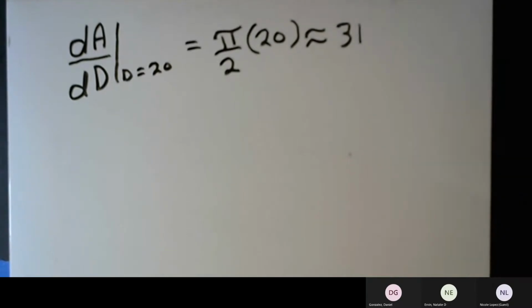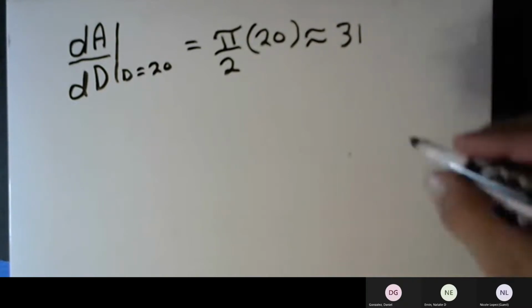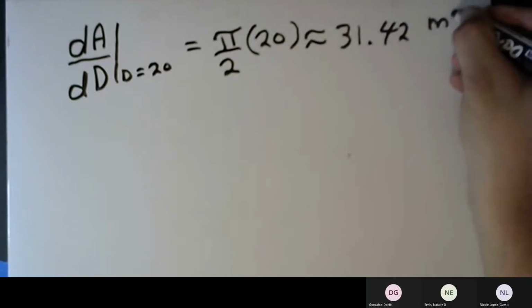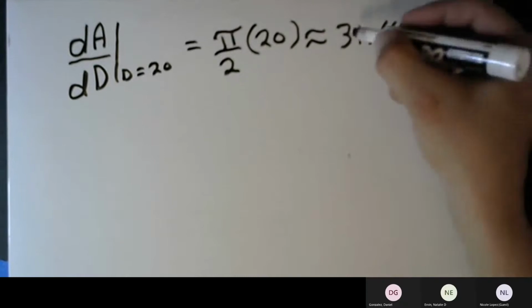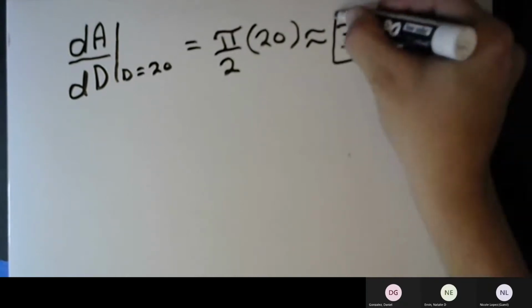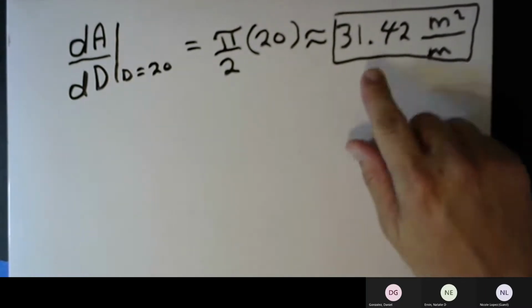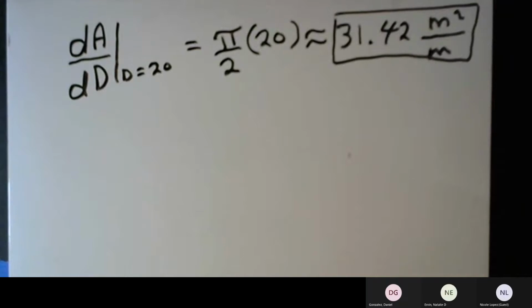Let me double check that there. So what you're finding is that if we're looking at the diameter growing, it's an independent variable that could change, say. We're getting that the rate of change is different for different values of the diameter. So this is a kind of an interesting property of what we would call a dynamic system.